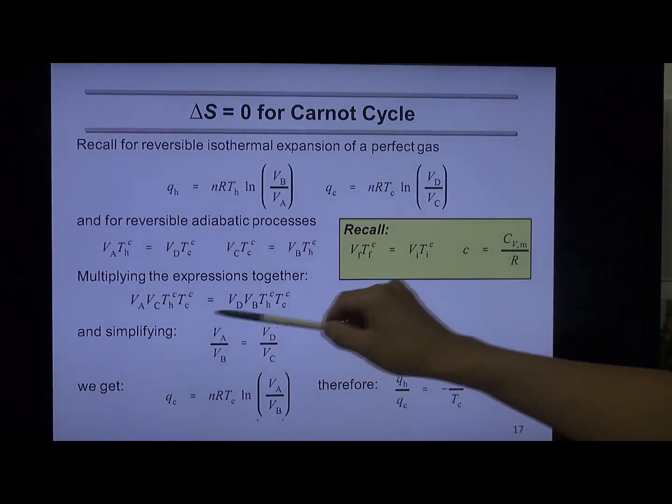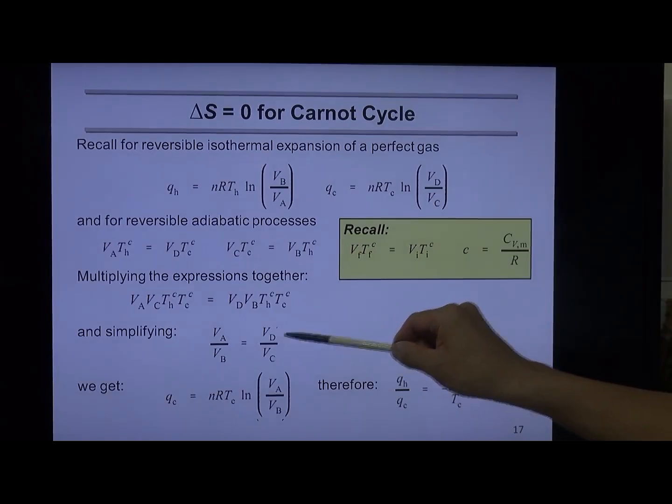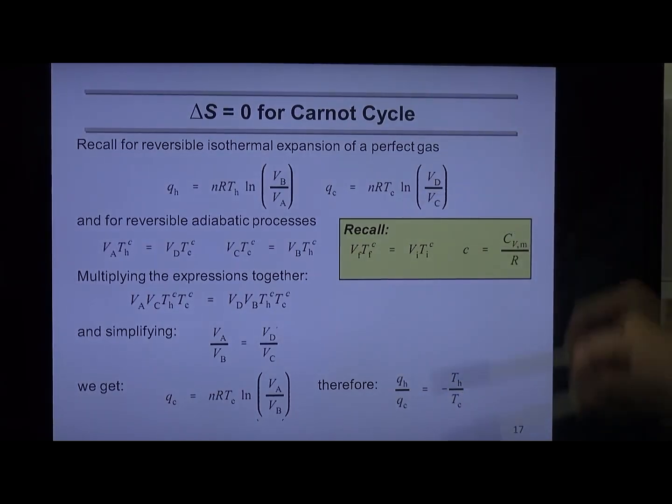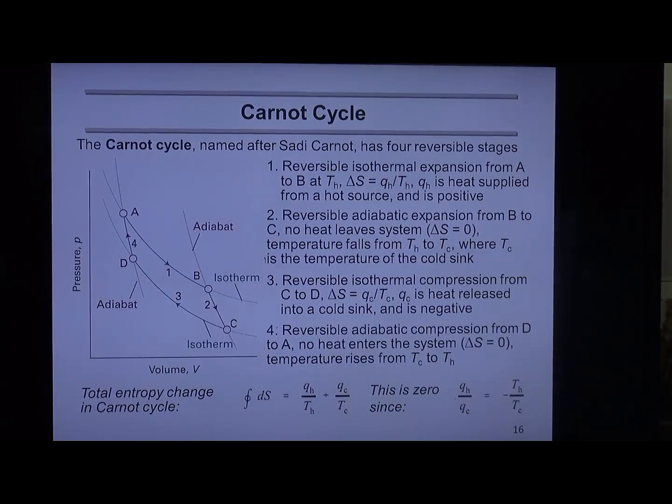Then you get VA over VB is equal to VD over VC. You can put this to here, right? Okay. Then you can simply rearrange and you can simply show that this is 0. It's quite simple. Okay. You can do the final calculation by yourself.